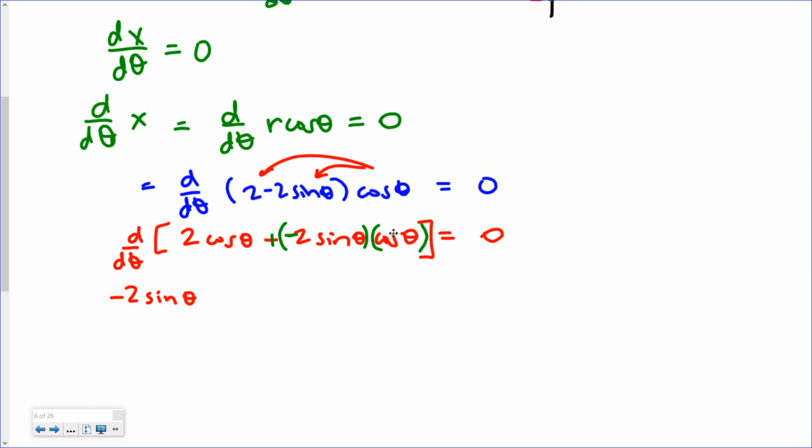And these are my two factors. All right, so it's going to be the derivative of the first, which is negative 2 cosine theta, times the second, plus the derivative of the second, which is negative sine theta times the first.